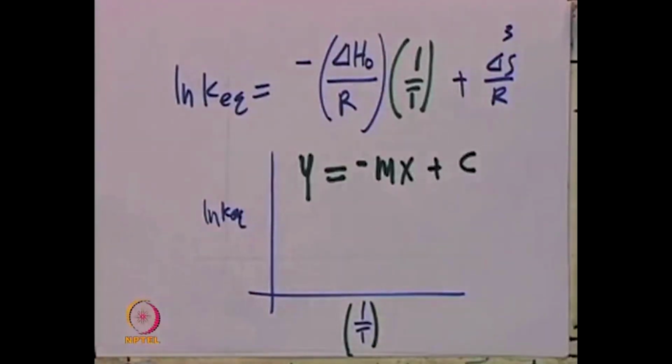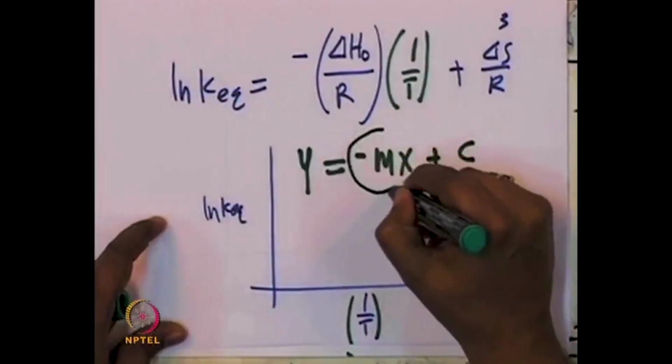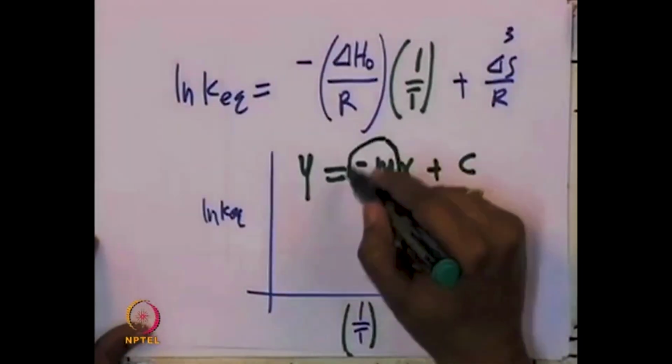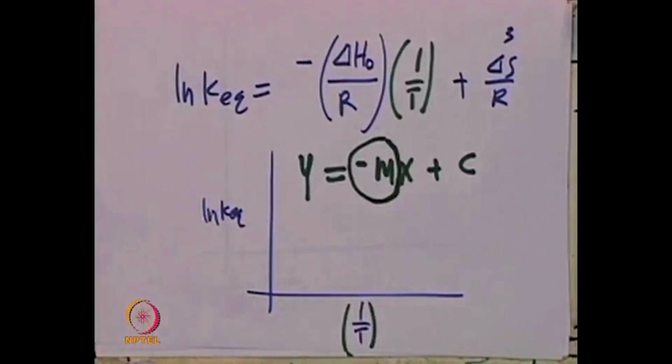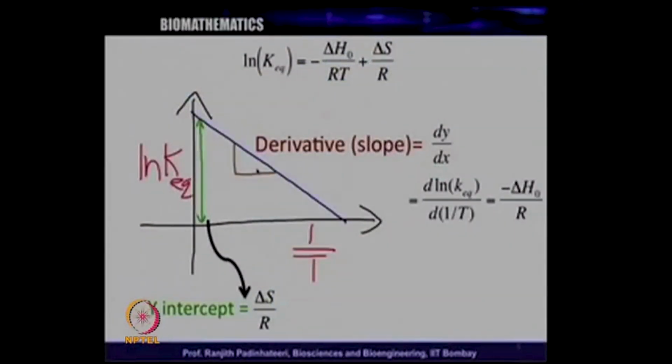So, this is a straight line with a minus m, as you all know, this is the slope. This equation essentially gives a straight line with a negative slope. That is what you have here. If you look at this graph, a straight line with a negative slope is essentially this.